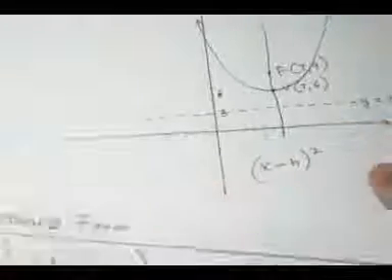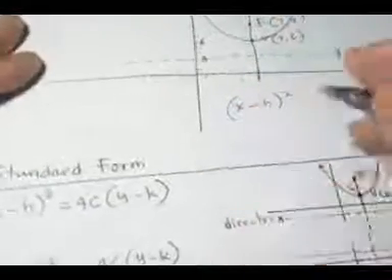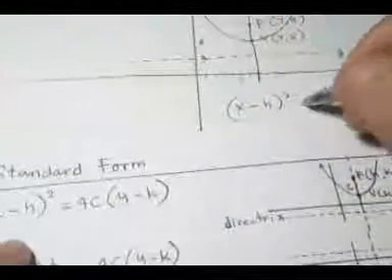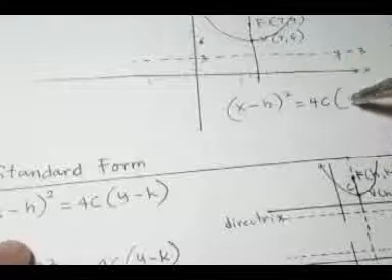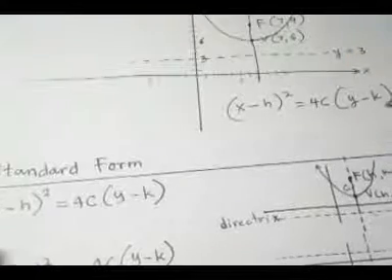So here is the corresponding standard equation: (x minus h) square equals positive 4c times (y minus k).